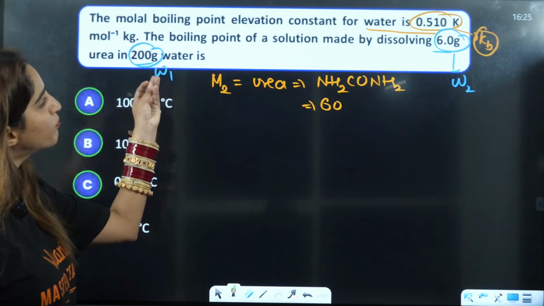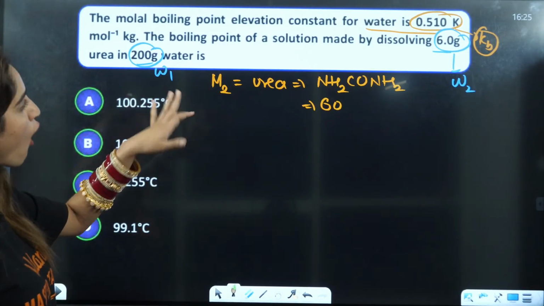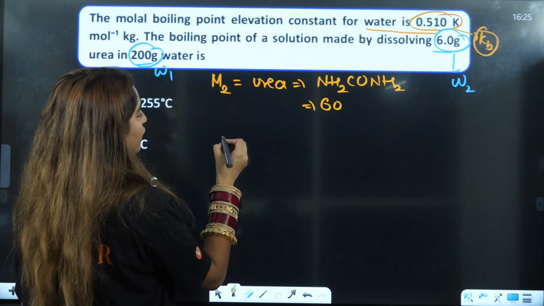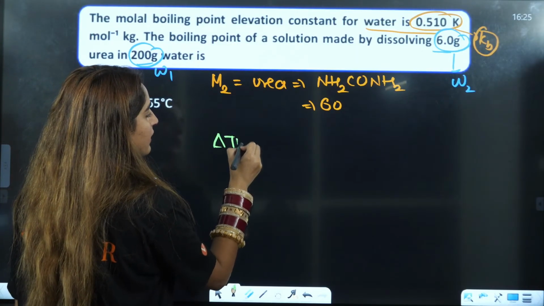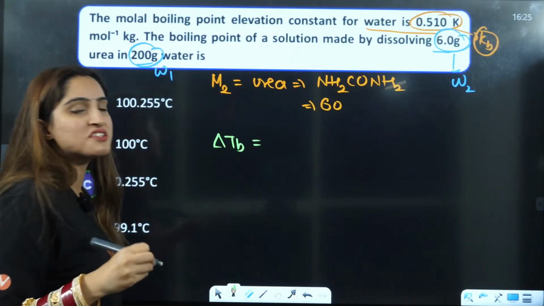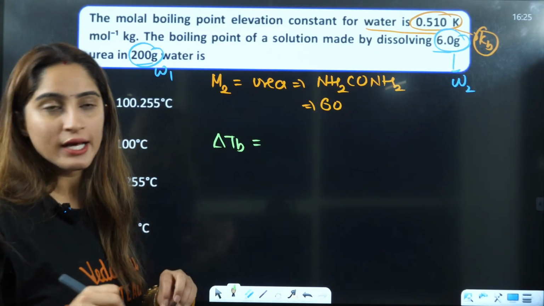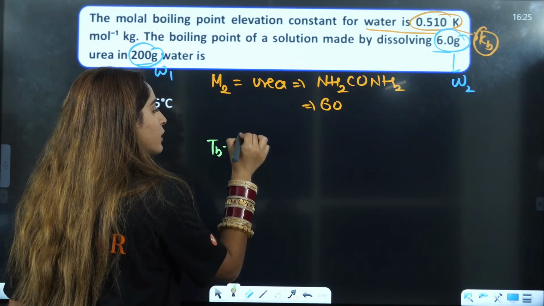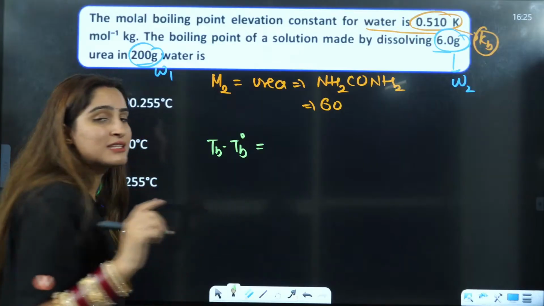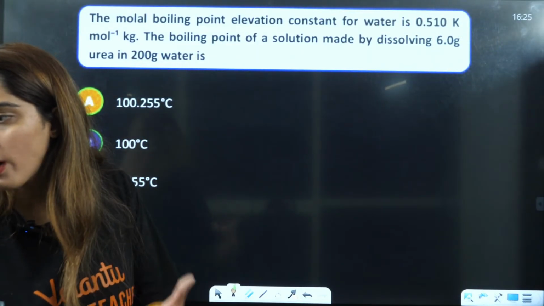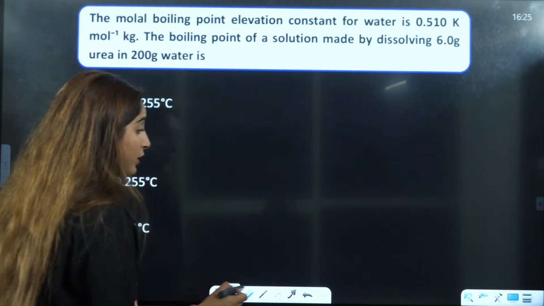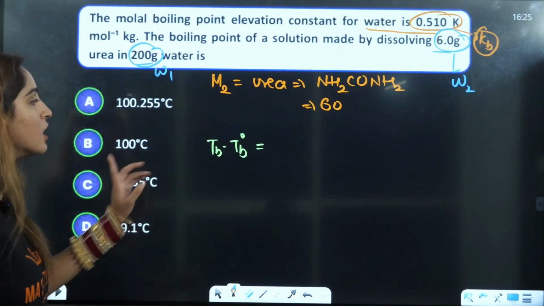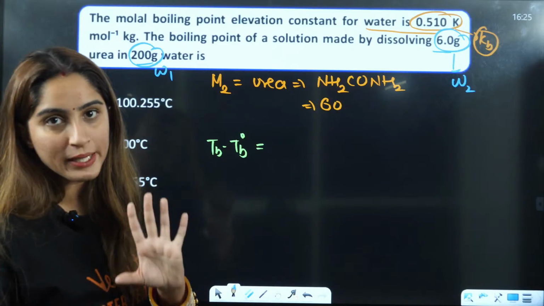They are asking you the boiling point of the solution made by dissolving this. So delta TB is equal to, because there is elevation in boiling point, TB minus TB naught. Urea is a non-electrolyte, so the Van't Hoff factor will be equal to 1 only.